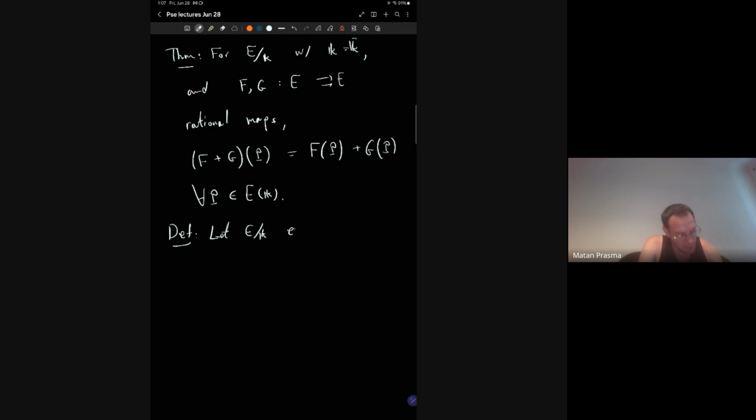Suppose E over K is an elliptic curve, where K is not necessarily algebraically closed.